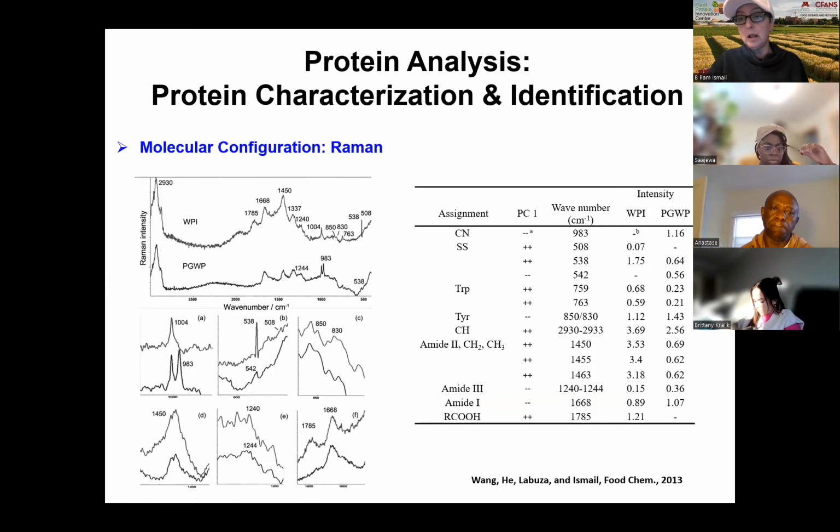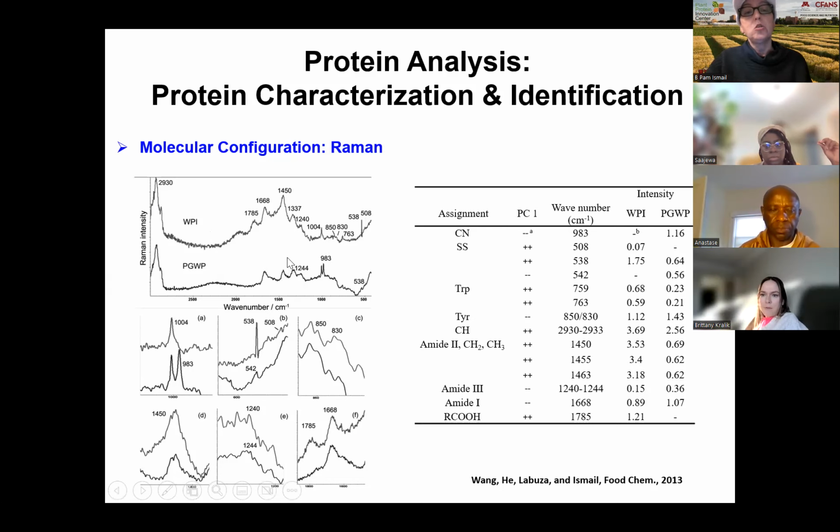So let me tell you a little bit about what we're seeing here. We've done this on whey protein isolate and on partially glycated whey protein. What we did here is we ran the spectral analysis, and we did PCA, principal component analysis, to determine what caused the most variation in the spectrum.